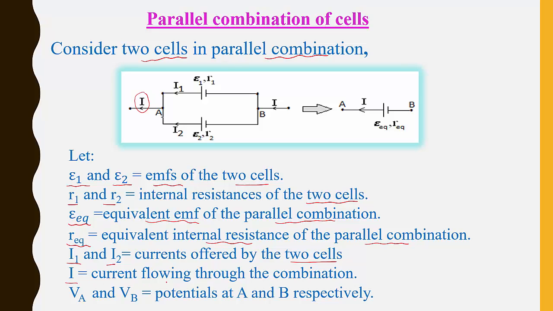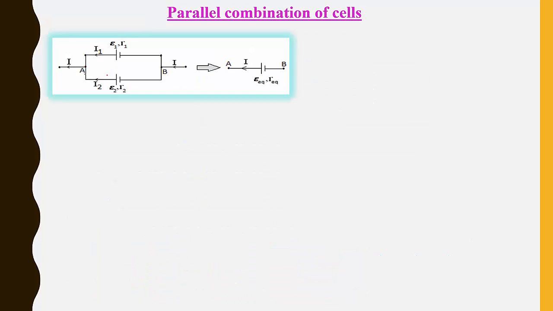I is the current flowing through the combination. And lastly, VA and VB are the potentials at A and B respectively. Is it clear?